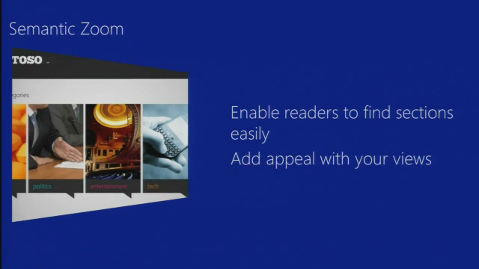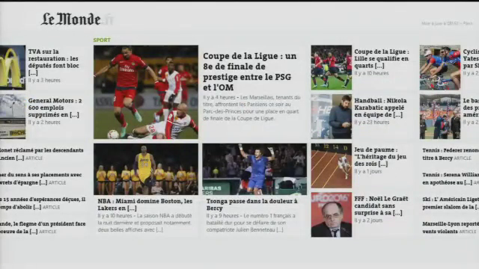In the earlier days of Windows Store apps, it was fairly common to have a fairly uninteresting bank of gray boxes for your semantic zoom. While that can be handy, there's a simple variation you can do, for example, what Le Monde does here.